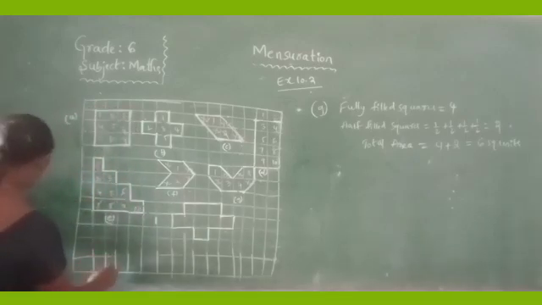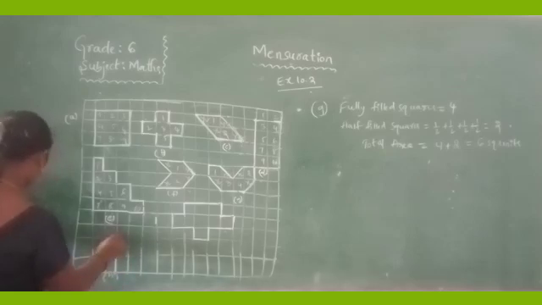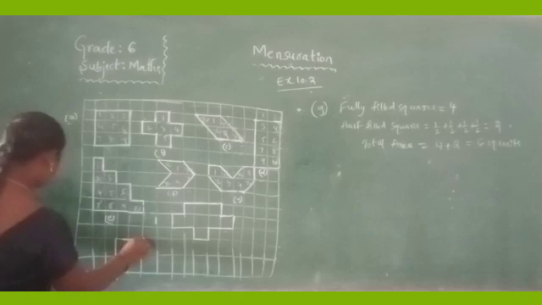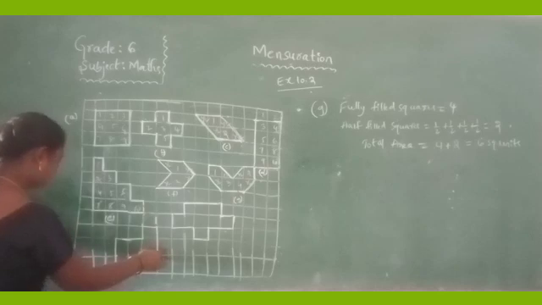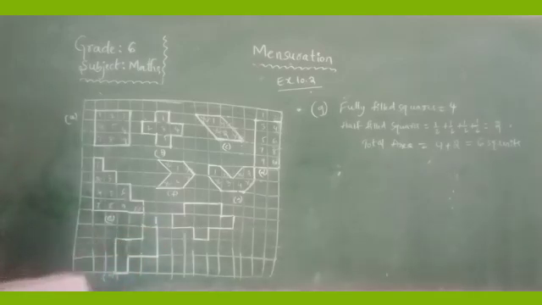Now draw like this. 2 square bars and next to 2. So now 1, 2. Like this you draw on your square paper. Is it clear, children?